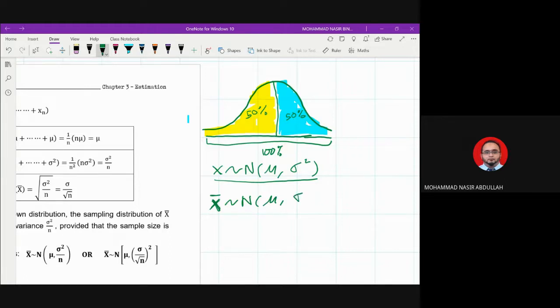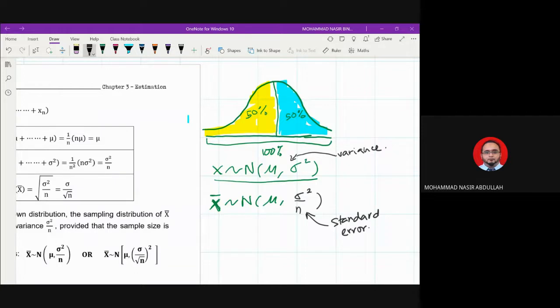Standard error means sigma divided by square root of n. And this one should be squared lah. Sigma, ataupun lagi mudah kita letak macam ni lah. Become like this, sigma squared over n. Right? So this is what we call as a standard error. So this is what we call as variance.